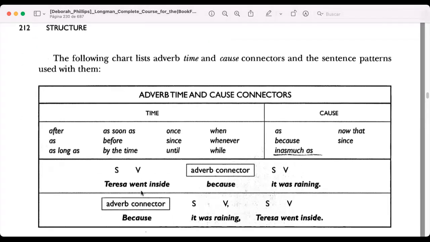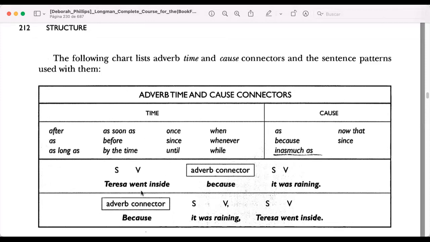And we have this list about how we can recognize adverb time and clause connectors, okay? For example, time: we have these words that help us to understand that we are facing another time.